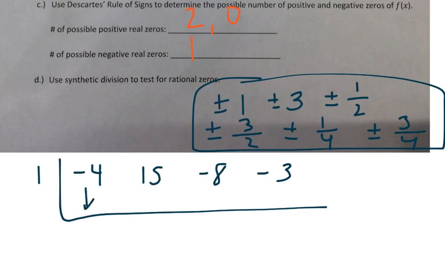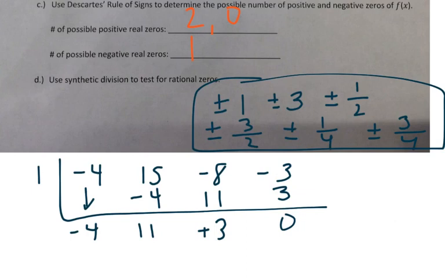I bring down my first value, and I have -4. -4 times 1 is -4, and then I add these together. 15 plus -4 is 11. 11 times 1 is 11. Add those together, and I get positive 3. 3 times 1 is 3, and those cancel. Remember, when there's no remainder here, that means that 1 is a real root.